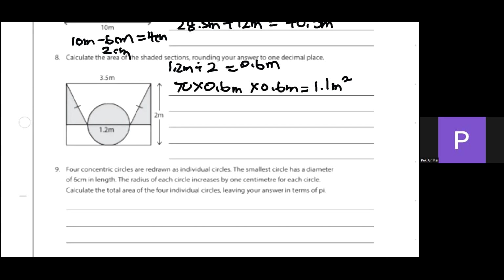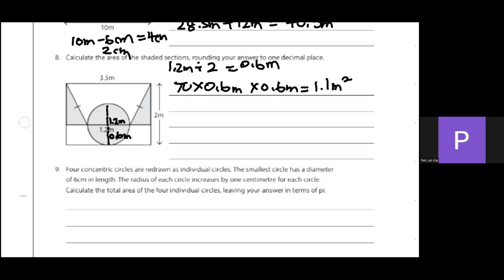Now we need to calculate the area of the triangle. So we know that this dotted line is also 1.2 meters, since it is also the diameter of this circle. So the bottom half of the dotted line would also be 0.6 meters, which is the circle's radius.